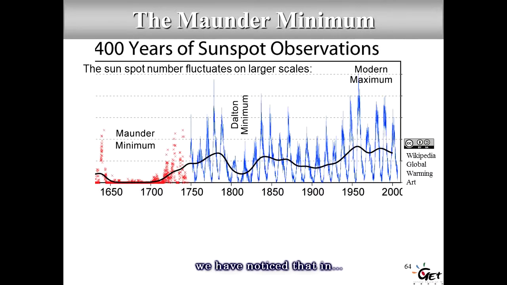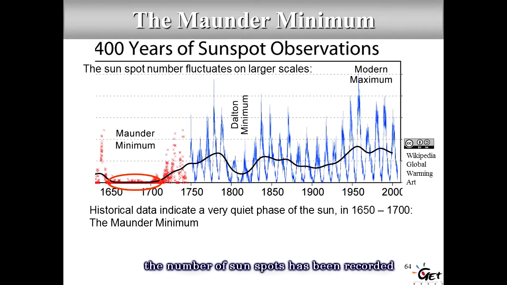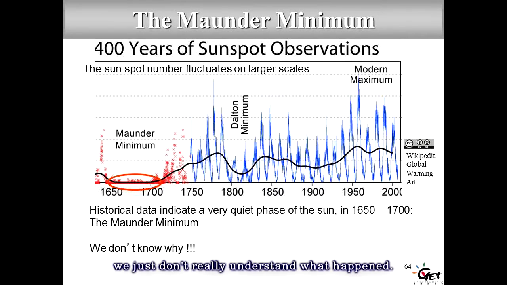However, we have noticed that for 50 years, in the 17th century, the number of sunspots has been recorded very low. And we have tracks of even before that, and it was back to normal. So these 50 years, we just don't really understand what happened, but the activity of the sun was very, very low for around 50 years.